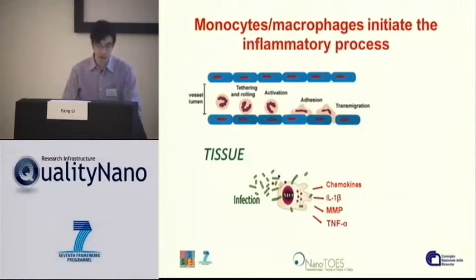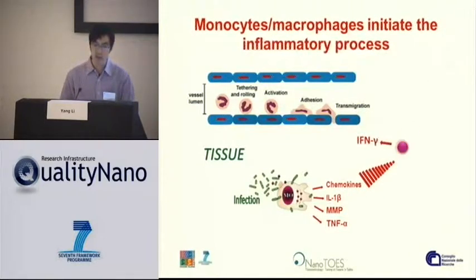The active macrophage will produce chemokines and very important pro-inflammatory cytokines, IL-1 beta and TNF-alpha.